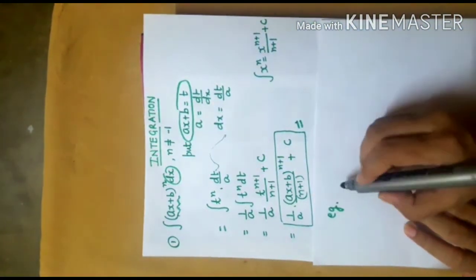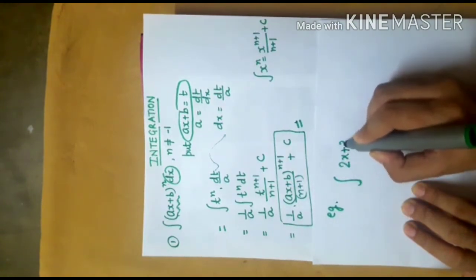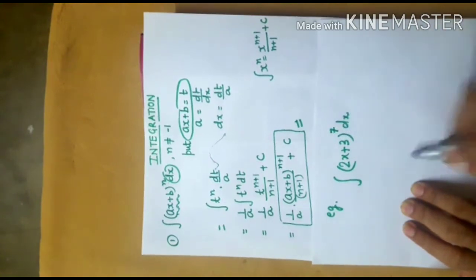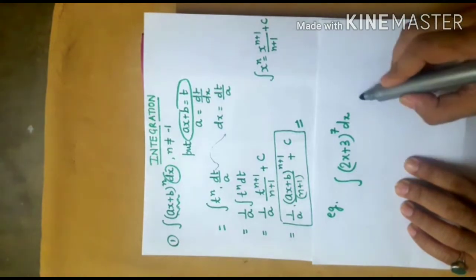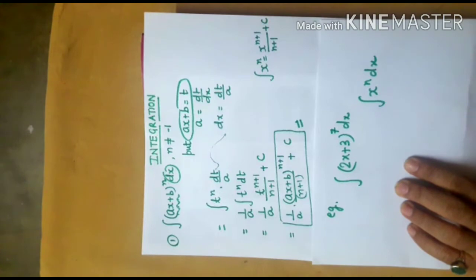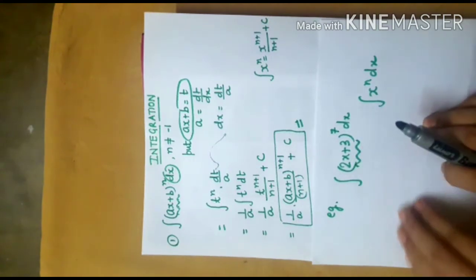For example, if I have to compute the integral of (2x plus 3) raised to the power 7 dx, you can see that it is of the form x raised to the power n dx, where the role of x is being played by 2x plus 3.